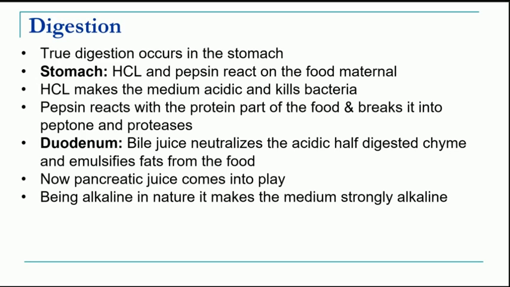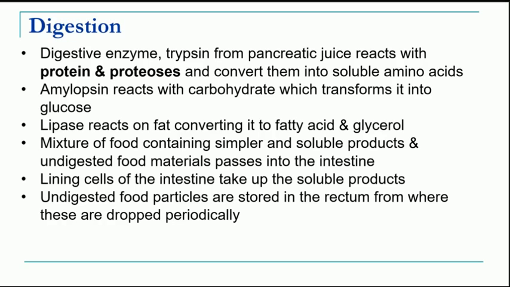These pancreatic juices are basically alkaline in nature, so they make the entire medium alkaline now. So from acidic it becomes alkaline. Now the digestive enzymes like trypsin from the pancreatic juice react with the breakdown product of the protein, that is proteoses, and convert them into amino acids. So the still smaller fragments, amino acids, are created.